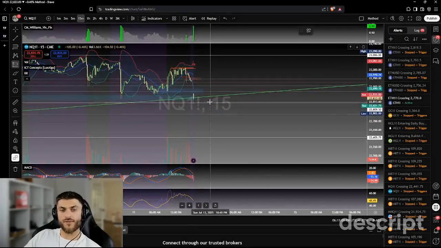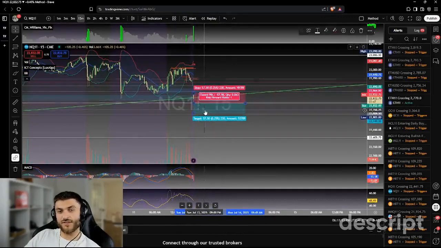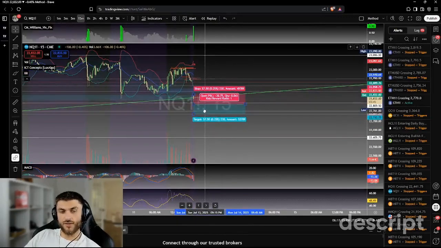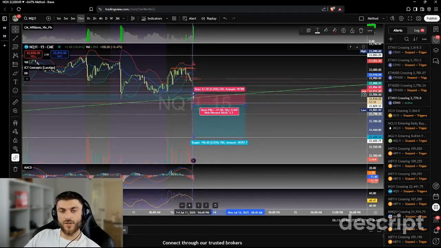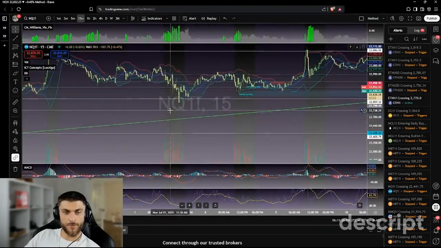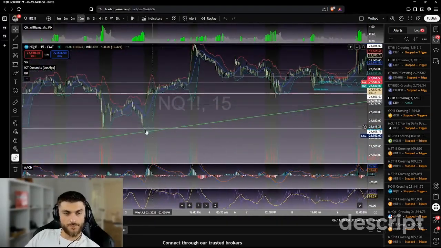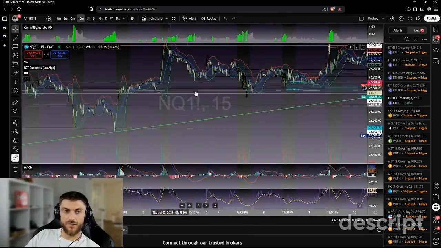Now on the flip side, if you were to enter on the break and retest, hopefully, if you're patient, which is something that takes time to develop, patience in entries, you're getting a much, much better risk reward because we don't really have much support here until this level right here. So as you can see, there's just kind of no man's land.